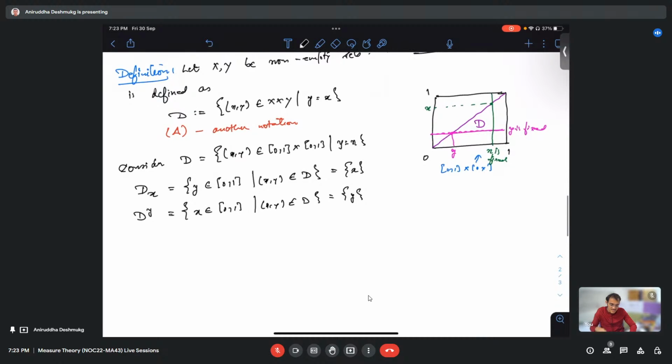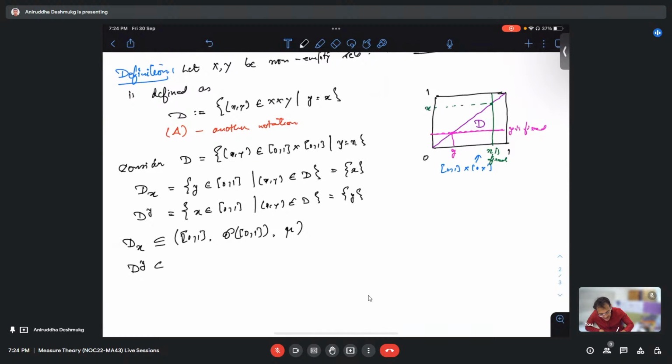But the thing is that when I say D_x, this is contained inside different measure spaces. So let me write it properly. D_x is inside the Y set. That means it is contained in [0,1] with the power set sigma algebra and the counting measure that I have defined.